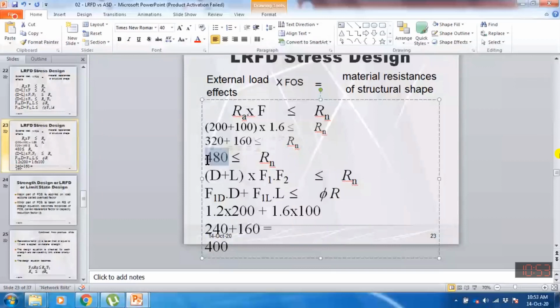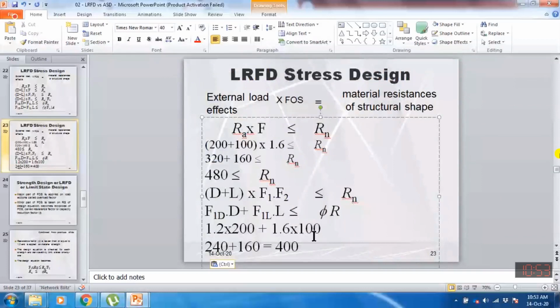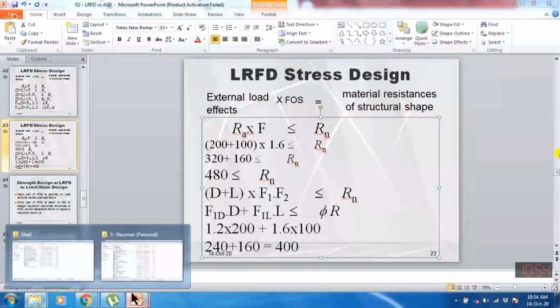So it means that as compared with the ASD, I'm using a smaller load value in the design for the same material strength. It means that if I'm overloading, there are chances that the material approaches the yield value first in ASD.